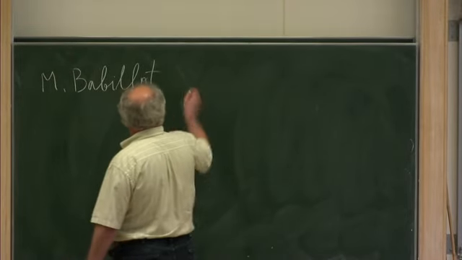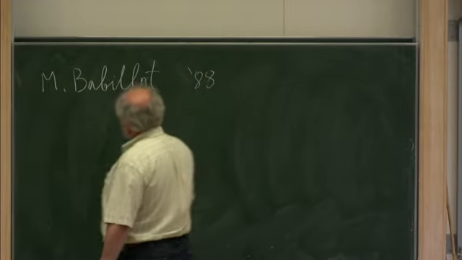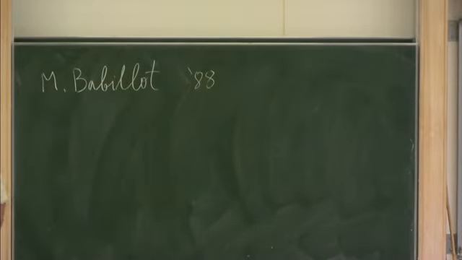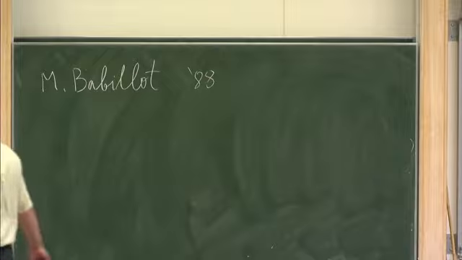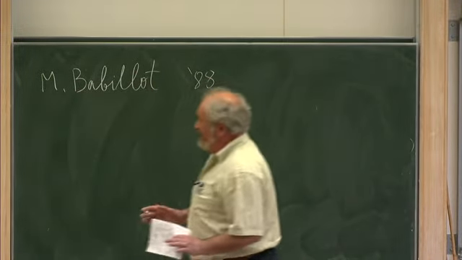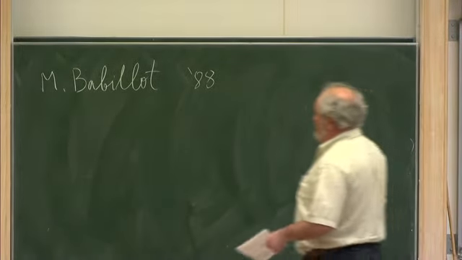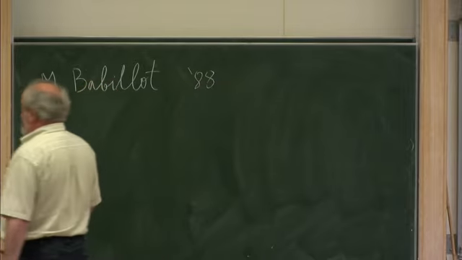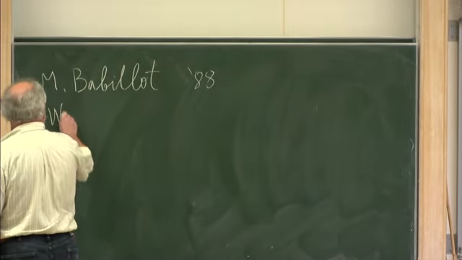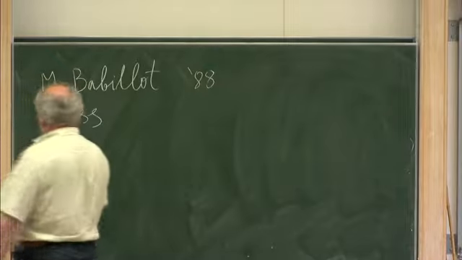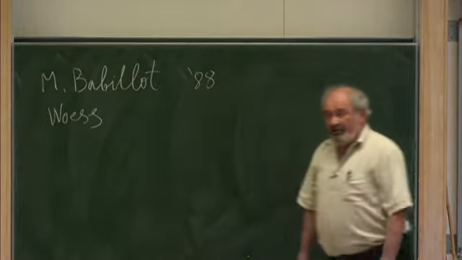Then it was in around 88. You can find discrete versions. She did this, it's related to studying Martin boundaries. That's why she was a probabilist. And then you can look at the book by Woess, Random Walks on Graphs.